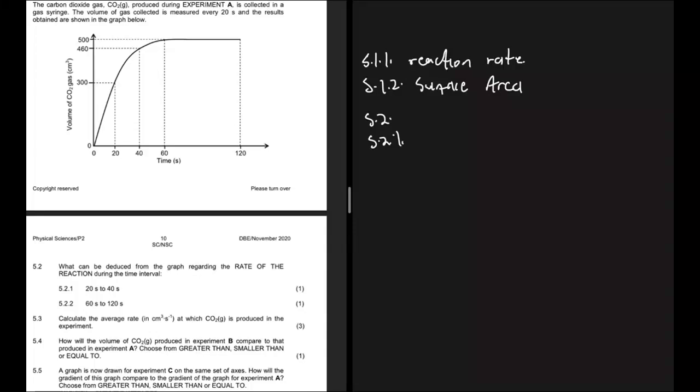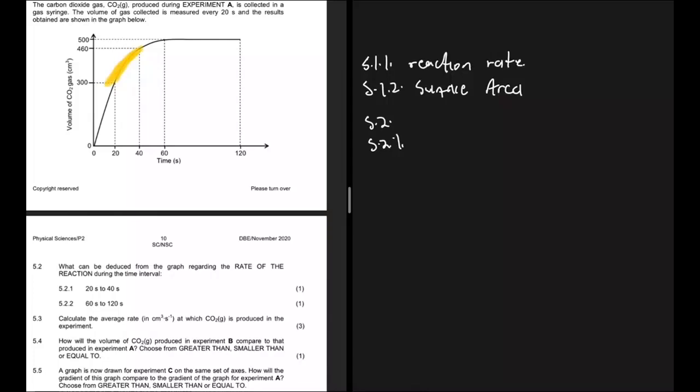5.2.1 says what can be deduced from the graph regarding the rate of the reaction during the time interval 20 seconds to 40 seconds. So let's look at this time interval. From 20 to 40, it starts flattening out.